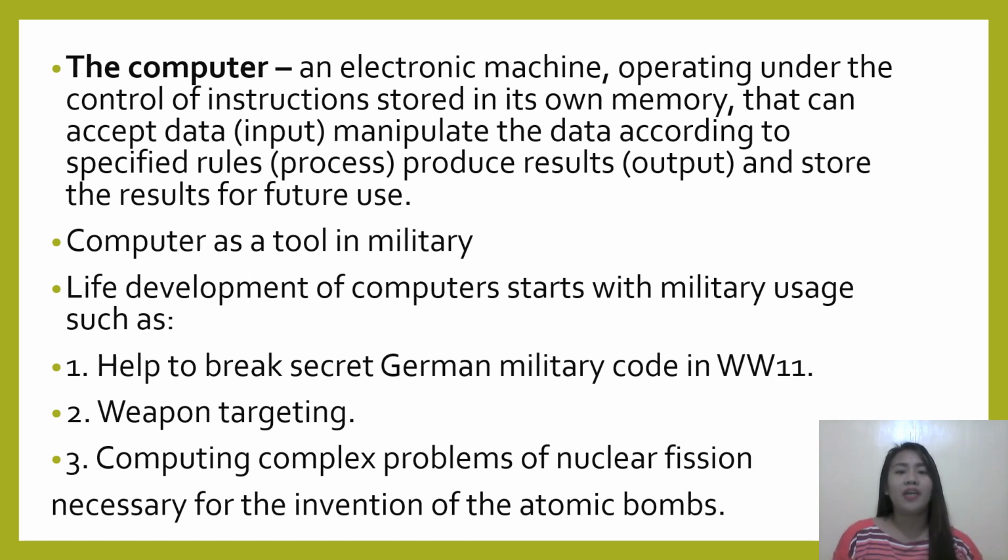A computer is an electronic machine operating under the control of instructions stored in its own memory that can accept data or an input, manipulate the data according to specified rules or process, produce results or output, and store the results for future use.